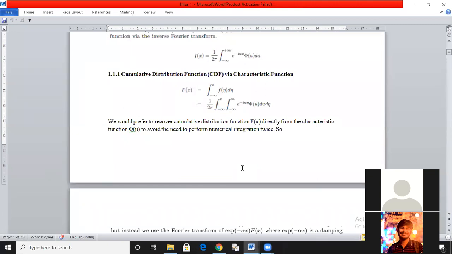What you can estimate are the moments from the data itself. And those moments in turn will help you to determine the density and the distribution function. And that is where the characteristic function or the moment generating function plays an important role.